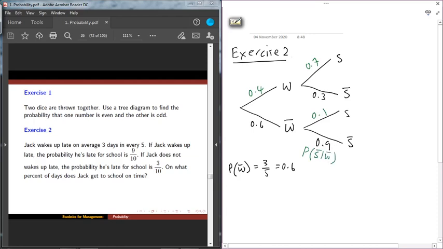Alright, let us answer the question now. On what percentage of days does Jack get to school on time? Jack gets to school on time is this one, S and S. So we want this, from here, this one, and from here, this one.